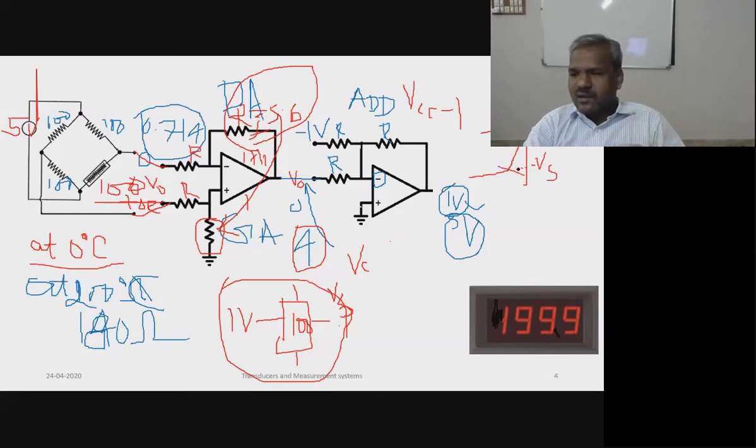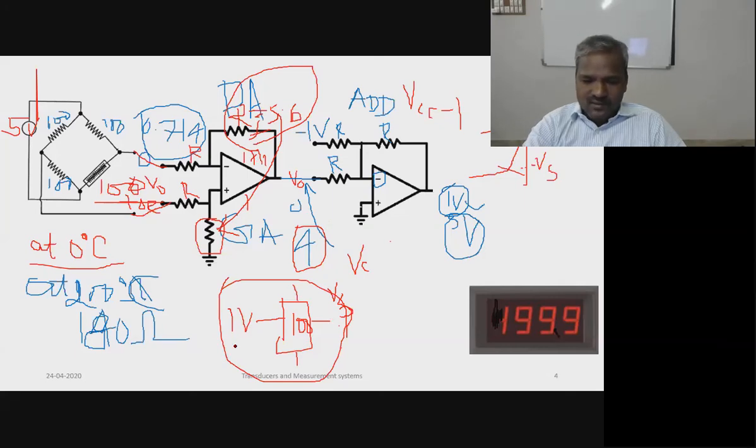We may not be able to get beyond that value, because beyond that we will get a constant only. Suppose the gain is 100 and the input is 1 volt. We will get only plus V saturation. That is how much? 12 volt, then 11 volt only we will get.